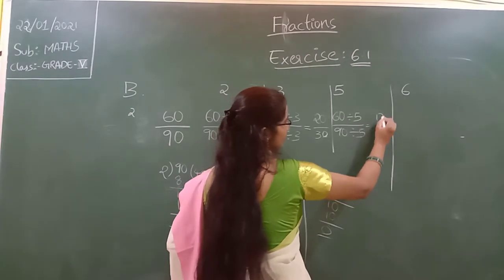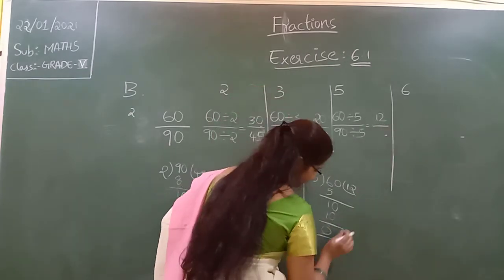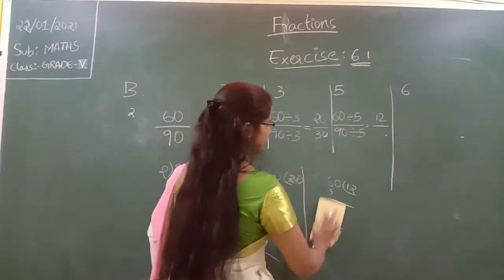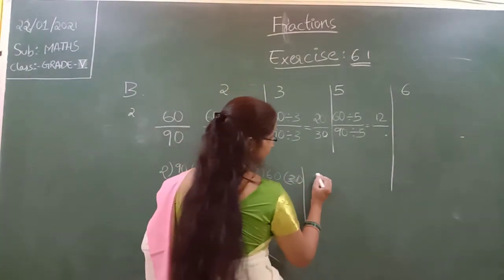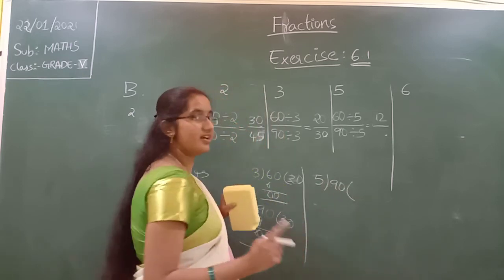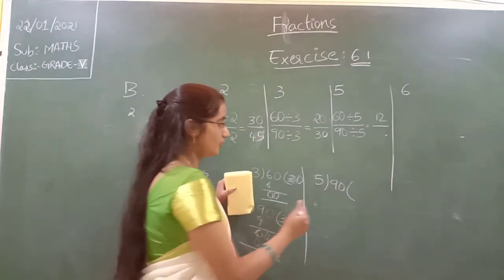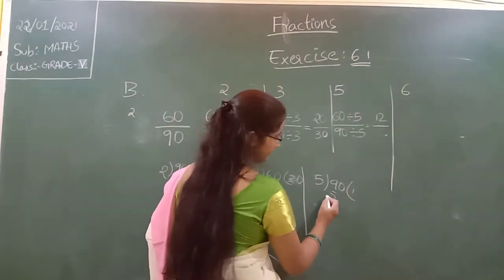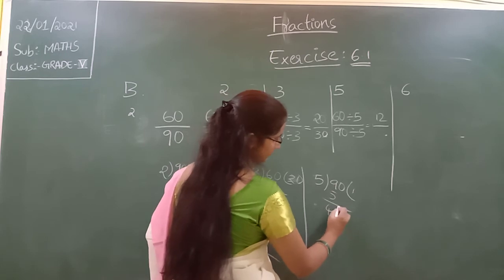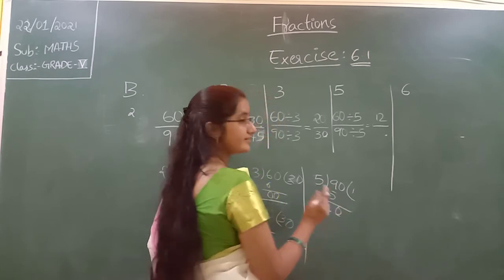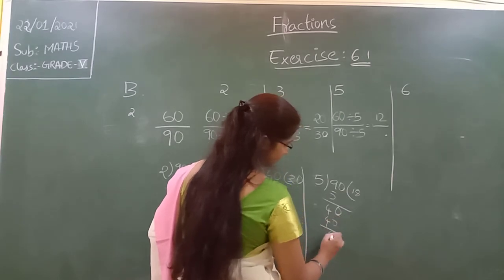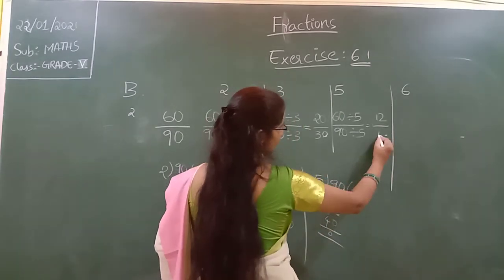It is 12. 90 divided by 5: 5 ones are 5, 5 twos are 10, so we have to take 1. 9 minus 5 will be 4. 40, 5 eights are 40. 18.